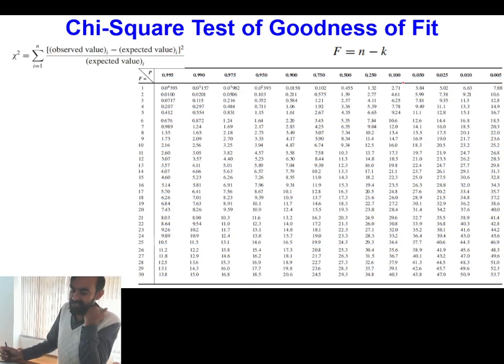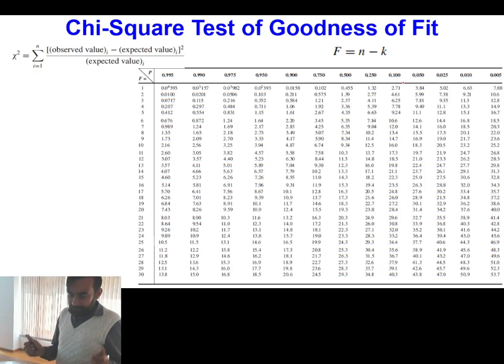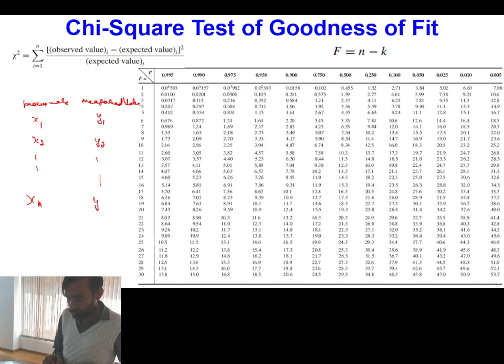Now one more test is there, which is called the chi-square test, and the chi-square test is typically used to test the goodness of fit. So why is goodness of fit required? Say you have done some experiment and you know from theoretical analysis some known values under different conditions were x1, x2, and so on up to xn, and the measured values were y1, y2, and so on up to yn.